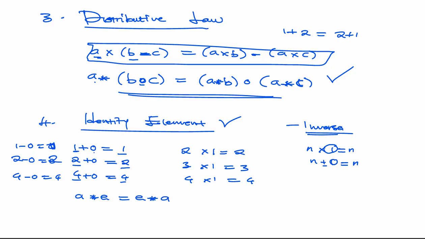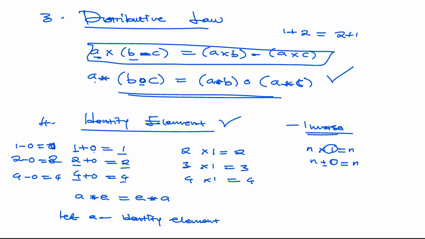I mean commutative rule. Now, identity element property is going to say that if E is an identity, we are going to write in this case E to be an identity element.